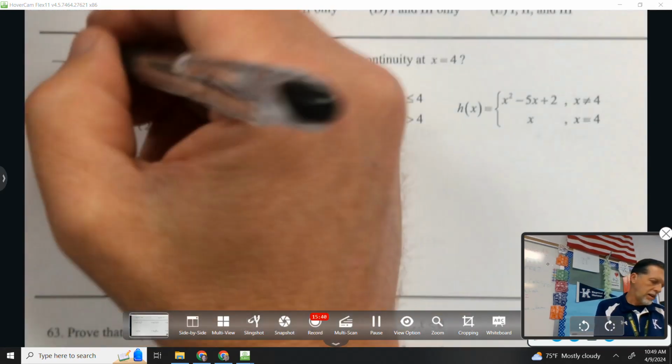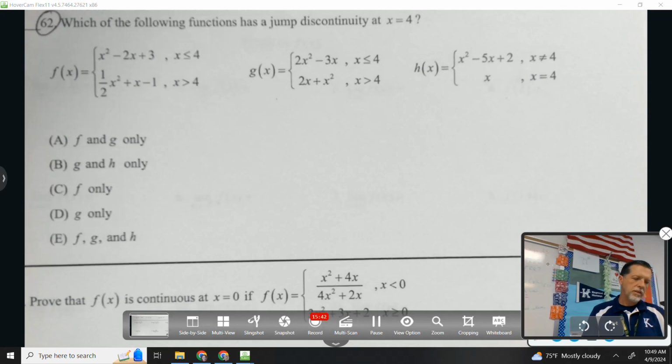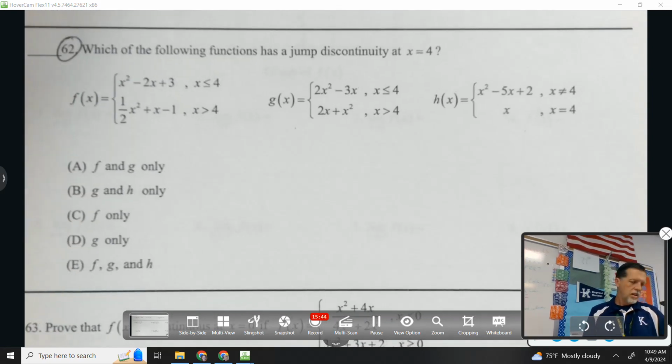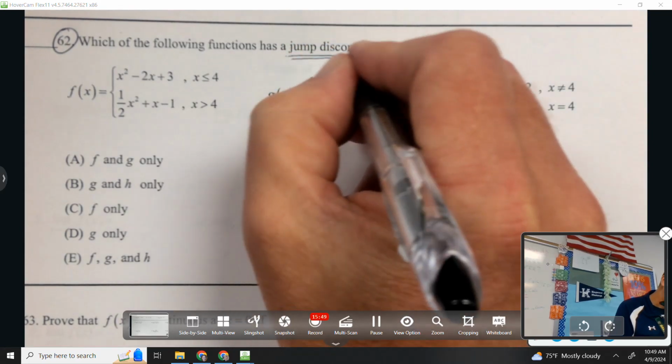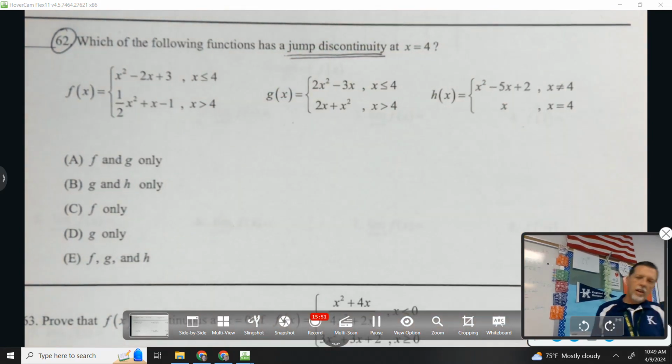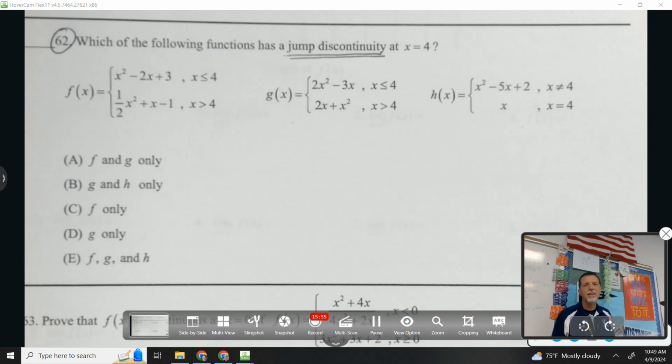Right, skip 60, skip 61, head to 62, another 3-part problem, which has a jump discontinuity. Oh, we saw this yesterday. I can tell already that one of those does not have a jump discontinuity. F, G, or H. Do you know which one definitely does not have a jump discontinuity?